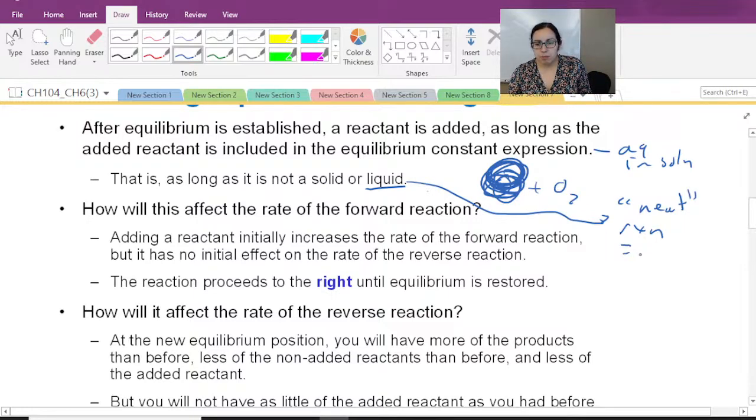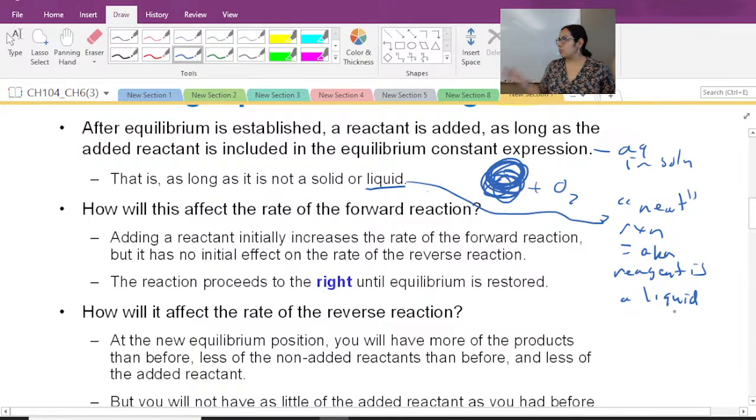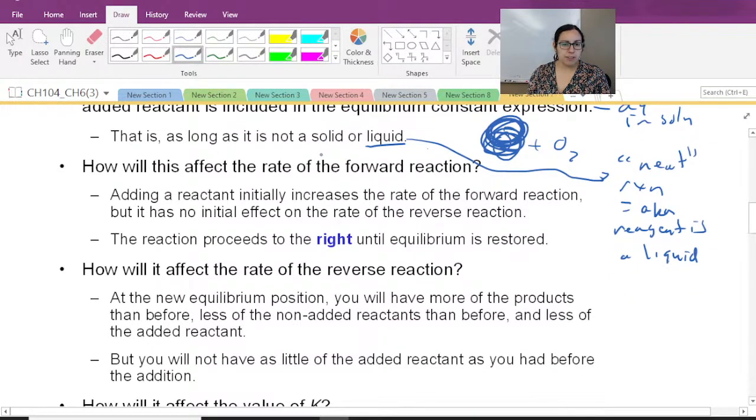So I'll put AKA, your reagent is a liquid. If your reagent is just a liquid, that's not going to change the concentration if you add more pure liquid to it. So it doesn't change the concentration, so that would not affect the equilibrium expression. Again, we probably won't see that in this class, but you should at least be aware of that. All right, so now we deciphered that.